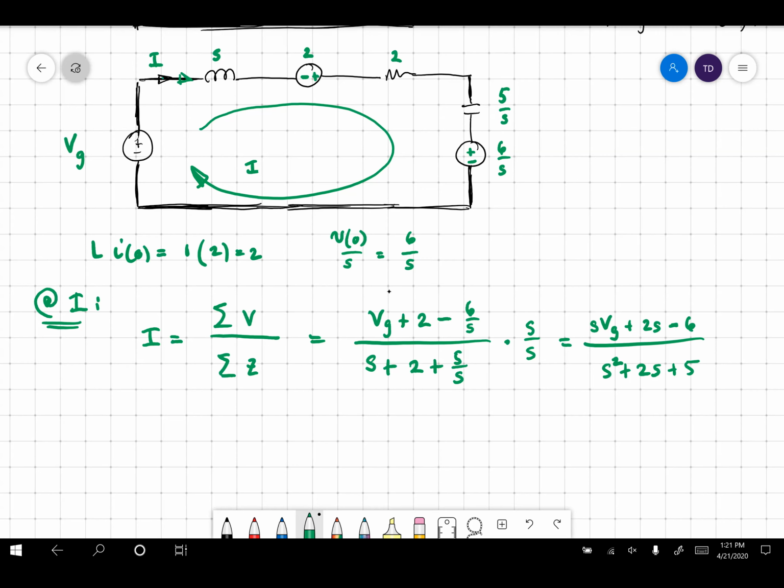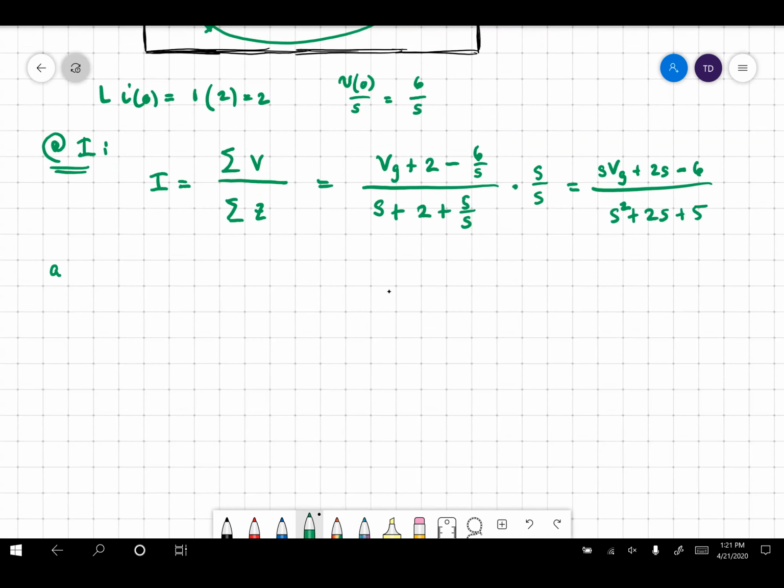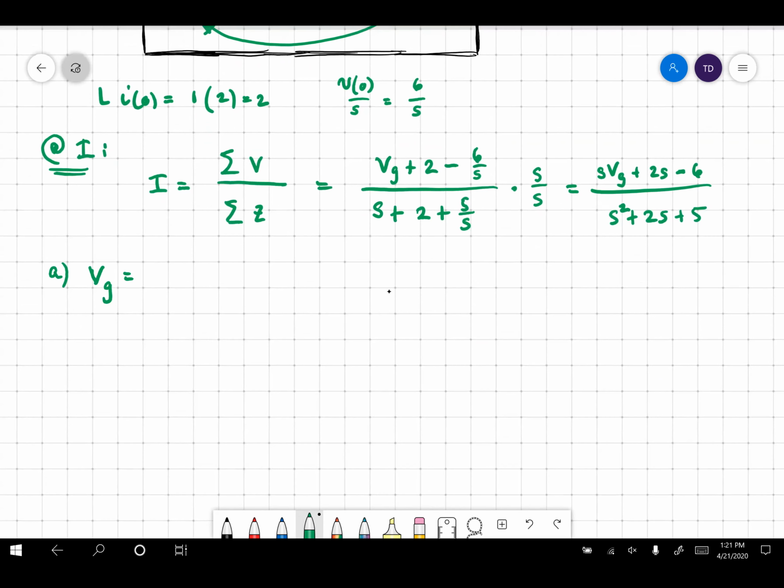Now, let's work part A. For part A, VG is equal to what? Well, let's put little vG for part A. For part A, we said that vG was equal to 10.